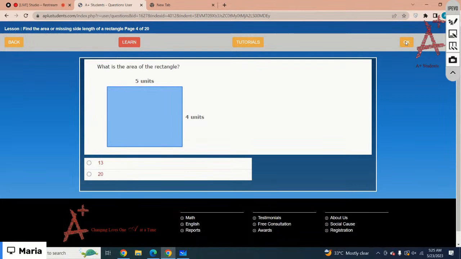What is the area of the rectangle? That would be 5 times 4 again, that would be 20.